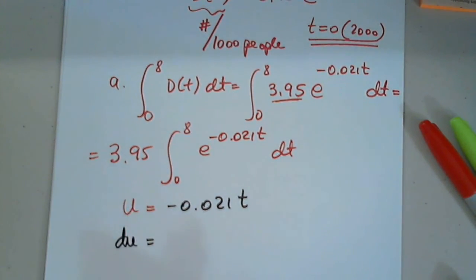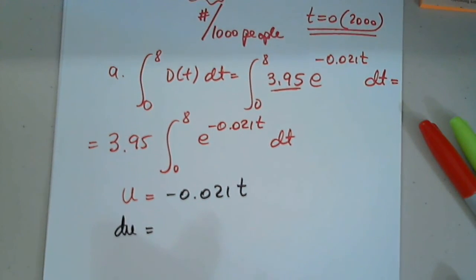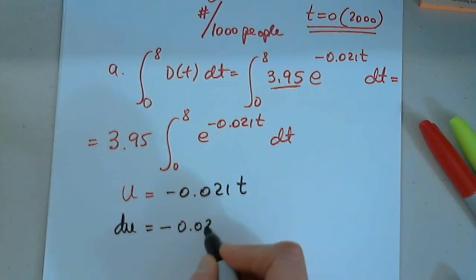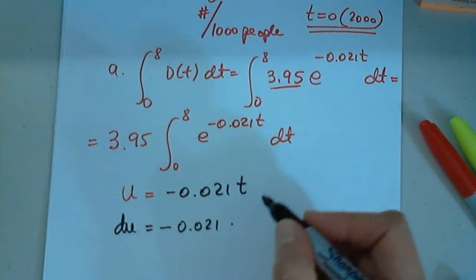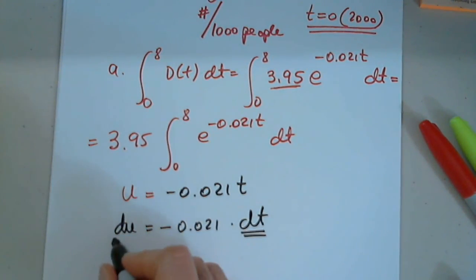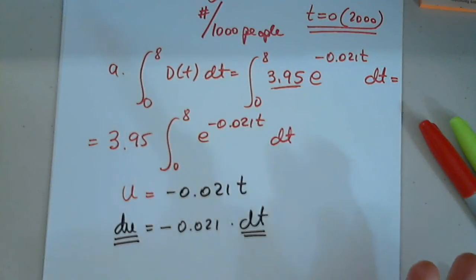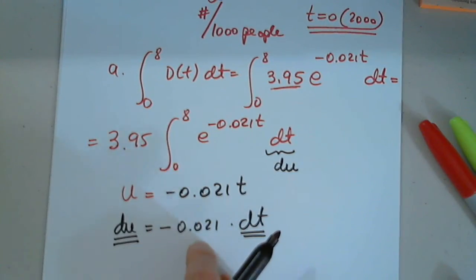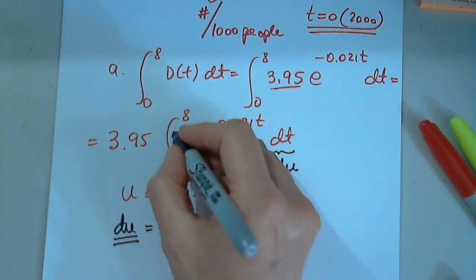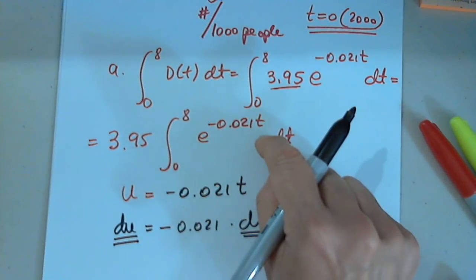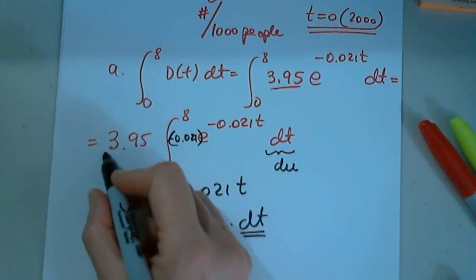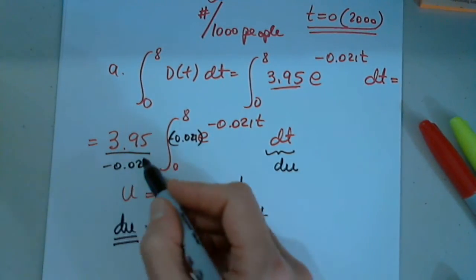So du is negative 0.021 times t prime, which is 1, times dt. Not a problem. I have to put the number in front of the function, so negative 0.021, and I divide by negative 0.021 because this is 1.